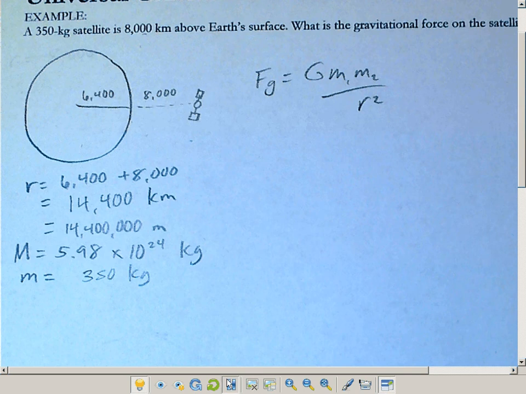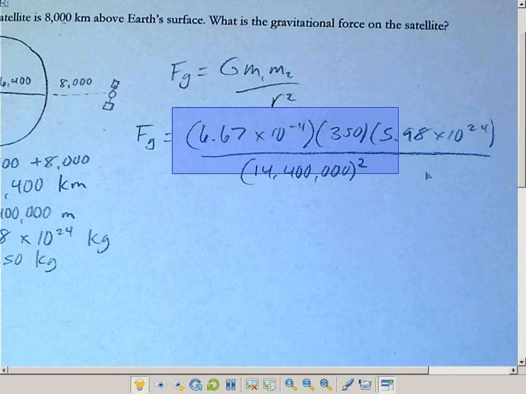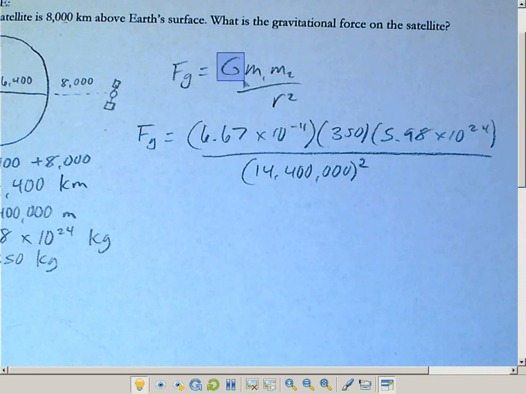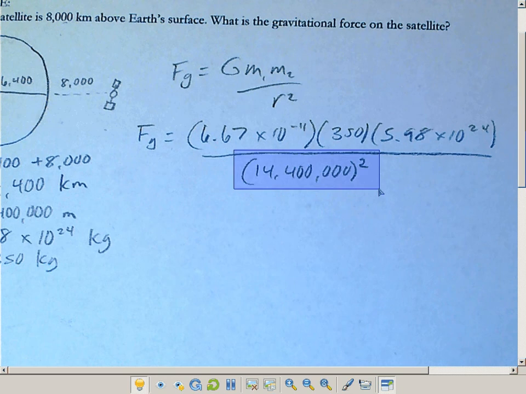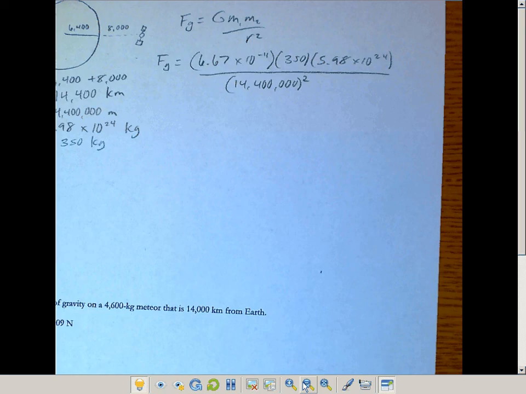So I've written down this entire plug-in. I'm just going to plug into this formula. Notice that G outside the numerator is the same as just multiplying across all these three. Then you're dividing by this number, which is going to be squared. Now I'll show you how to enter all those numbers in a common typical calculator.